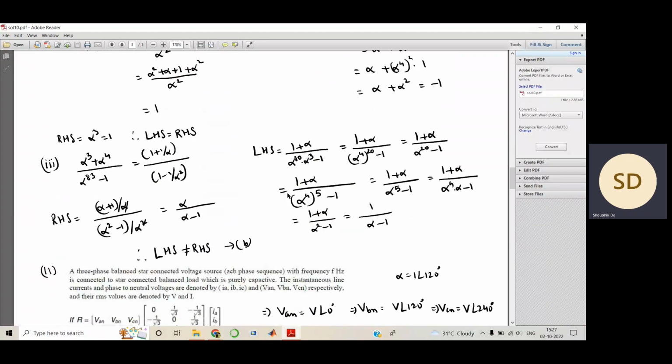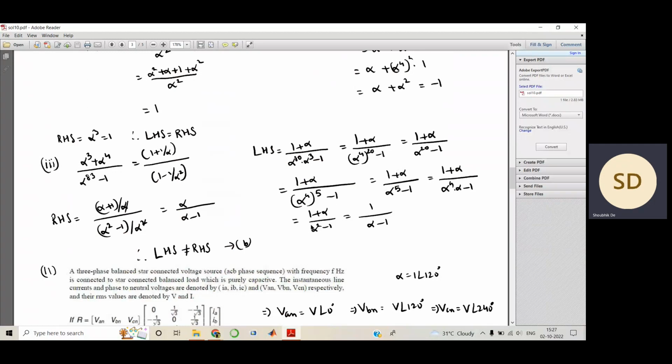Now again, you repeat the whole step here. You get 1 plus alpha divided by alpha to the power 5 minus 1. Again, you break this alpha to the power 4 into alpha minus 1, right? So this is again alpha, so you get alpha square minus 1. Now we have 1 plus alpha divided by 1 plus alpha into alpha minus 1, right?